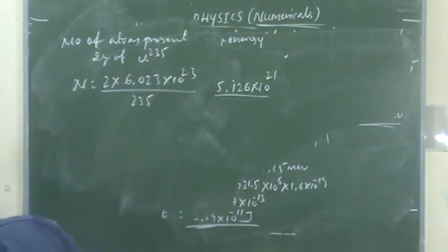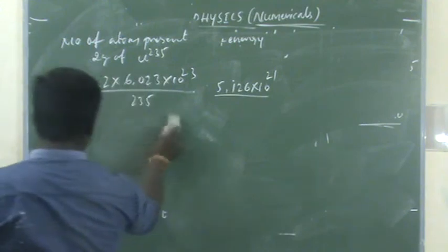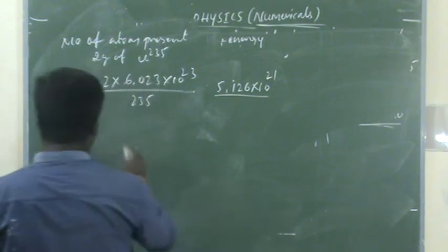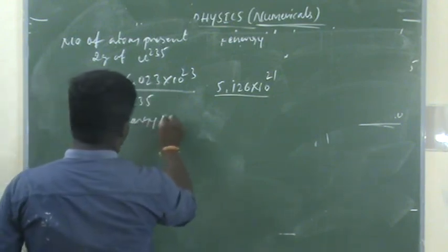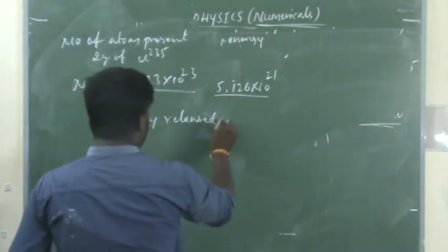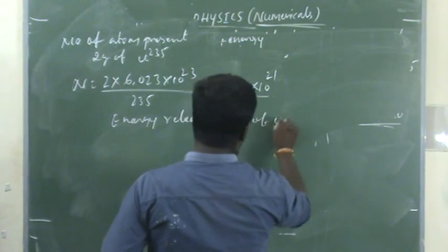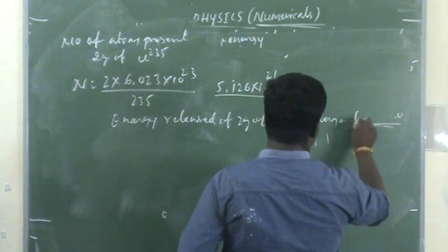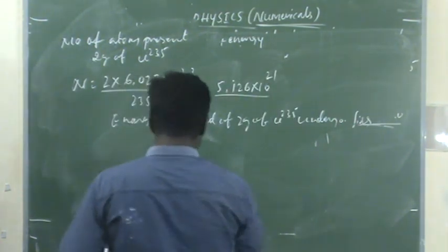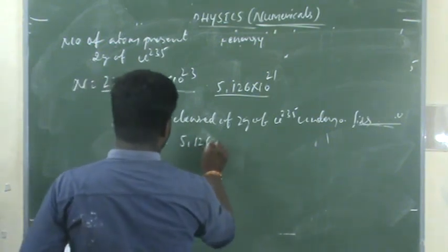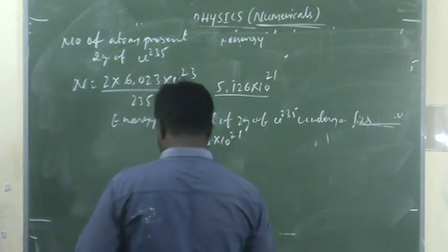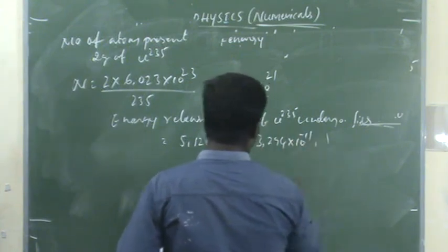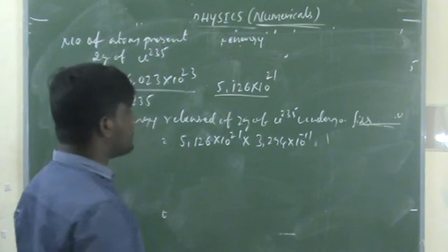Next, the energy released when 2 grams of uranium 235 undergoes fission equals the number of atoms, 5.126 into 10 to the power of 21, into 3.294 into 10 to the power of minus 11.